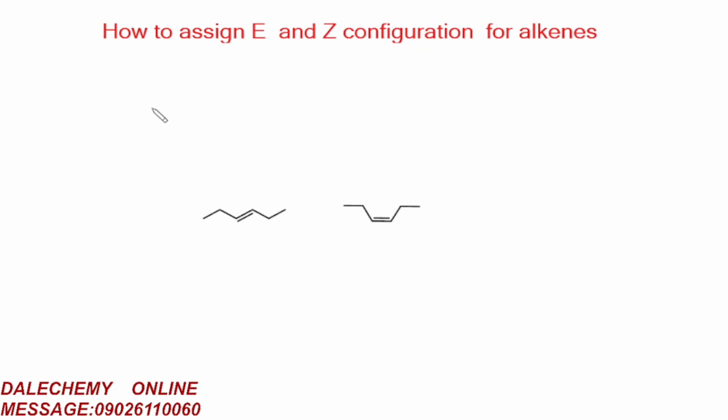Now normally we use cis and trans. For instance, for these two alkenes here, this carbon should have hydrogen, and this one too should have hydrogen. Here too we should have hydrogen, and here we should have hydrogen.